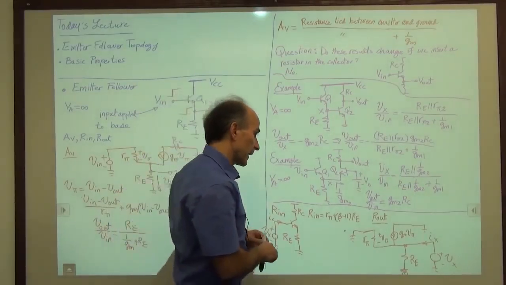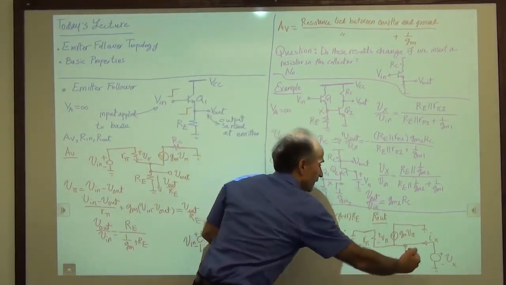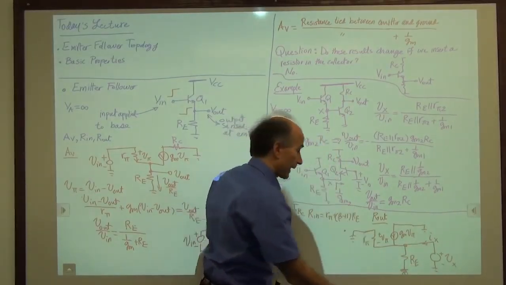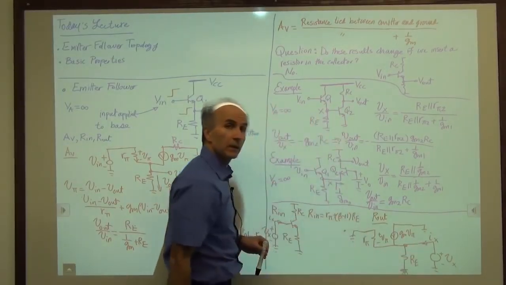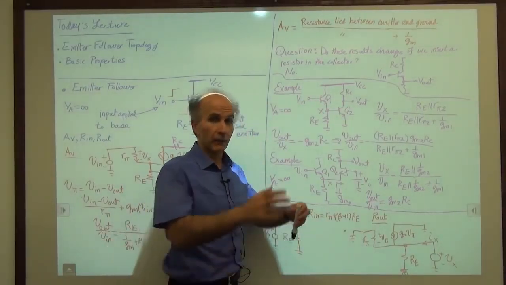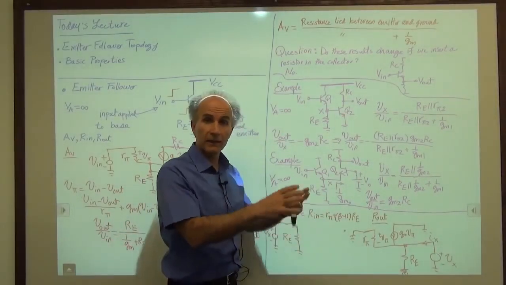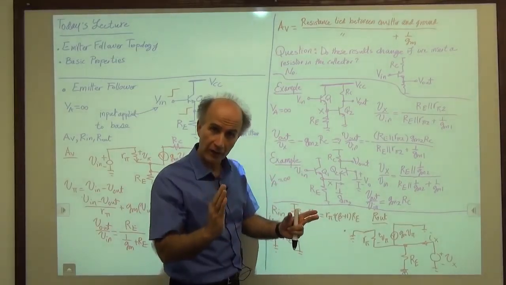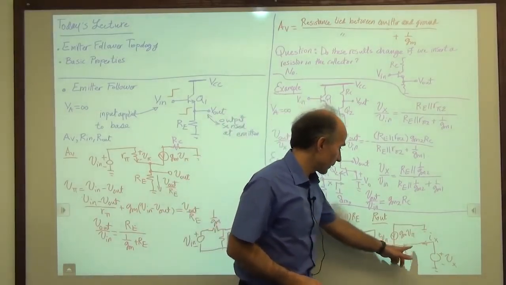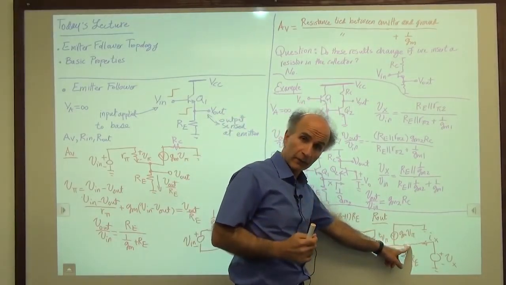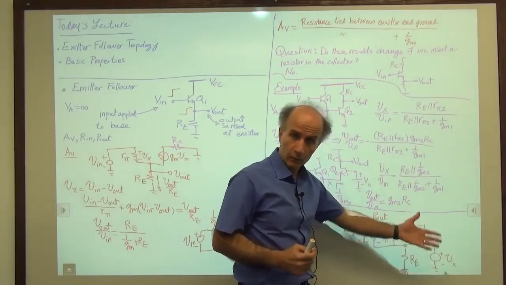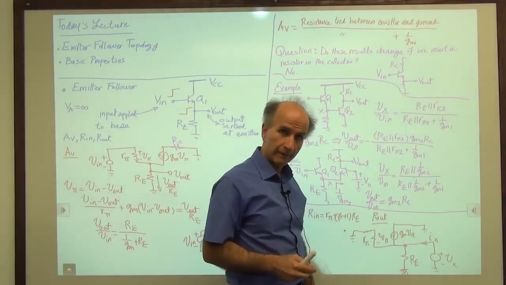So because Vx is trying to find the resistance from here to ground, and we already have RE from here to ground, we can take RE out for now, calculate everything else, and then take the result and place RE in parallel with it. Right? Because whatever we're calculating from here is still with respect to ground. And if we take RE out and place it back in, the result will be the total output impedance.